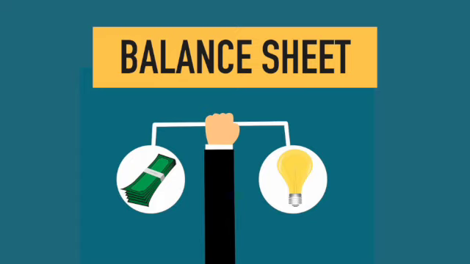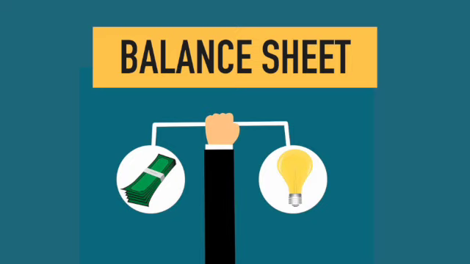So how is balance sheet different from the profit and loss account that we saw last time? For the profit and loss account, it shows us how much profit we made in a period of time, in 1 year. However, the balance sheet shows us the situation that the business is in on a particular day.